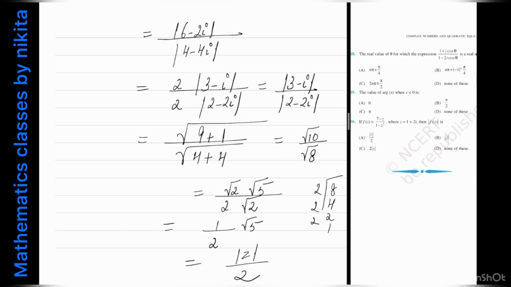This simplification has been done so that we get an option. So the correct option is option number A. So A is my correct option.